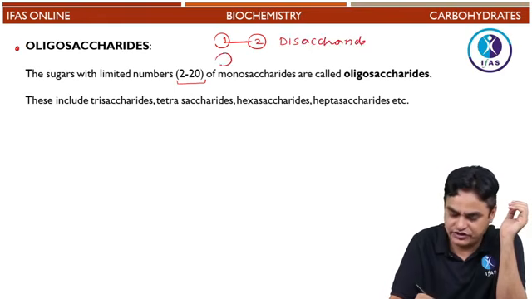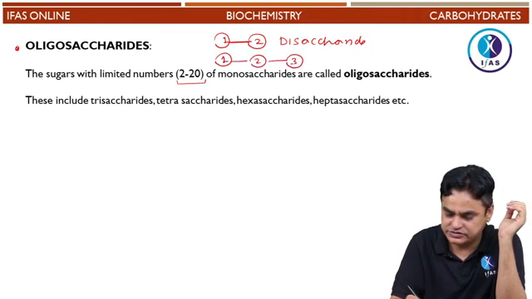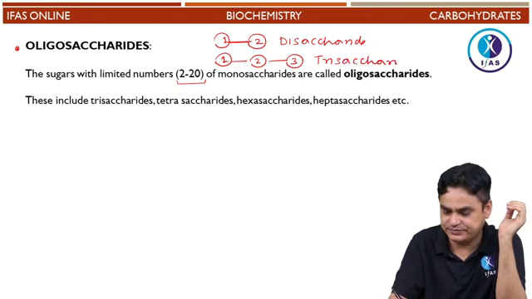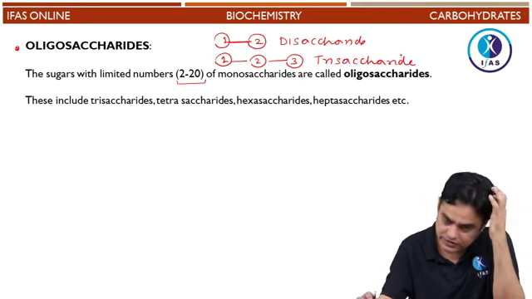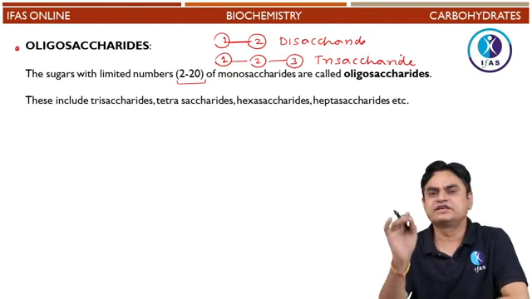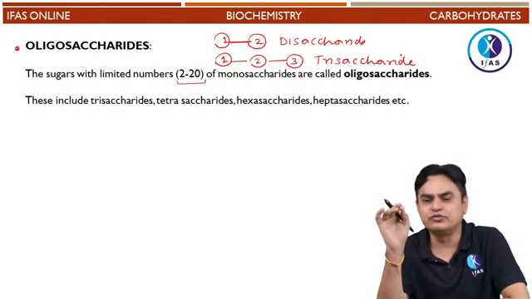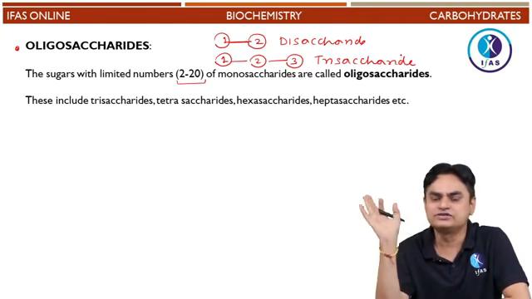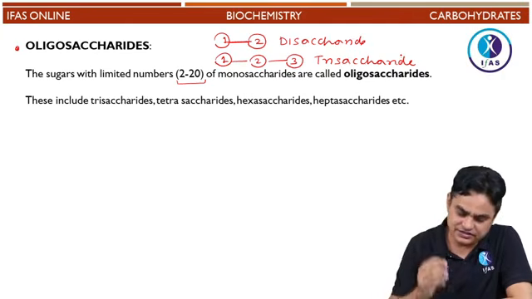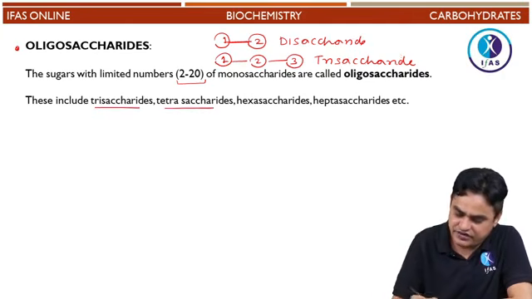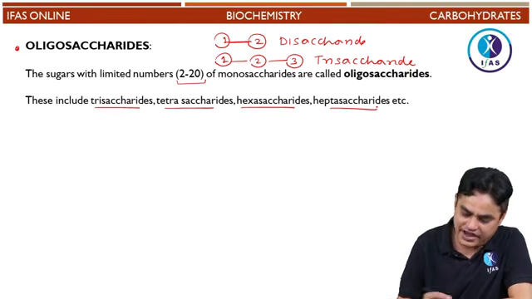If there are three sugars linked by glycosidic bonds, it is referred to as a trisaccharide, and so on. So sugars with a number of units ranging from 2 to 20 are referred to as oligosaccharides. These could be tri, tetra, hexa, hepta, etc.